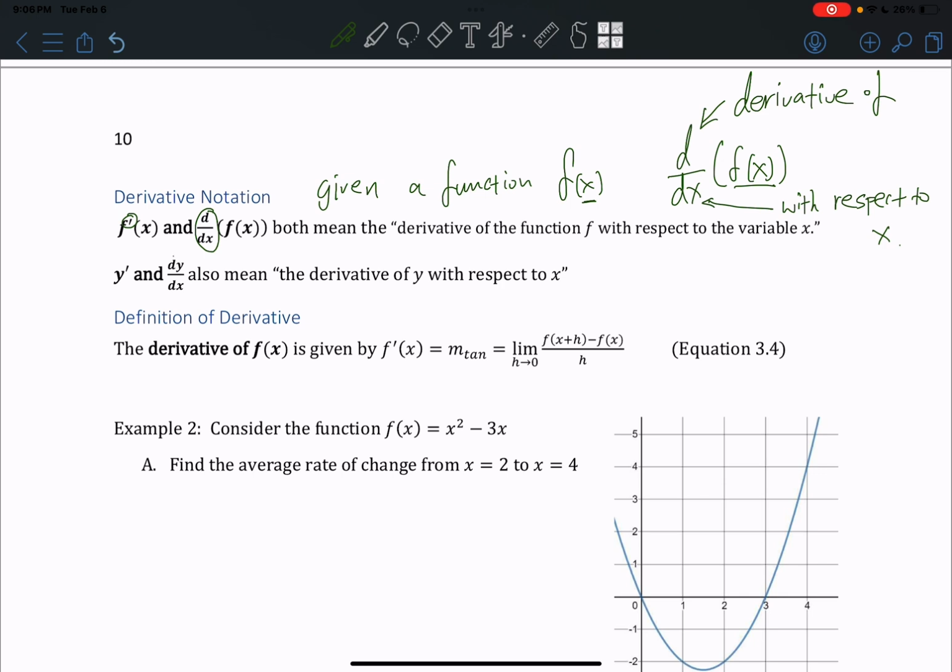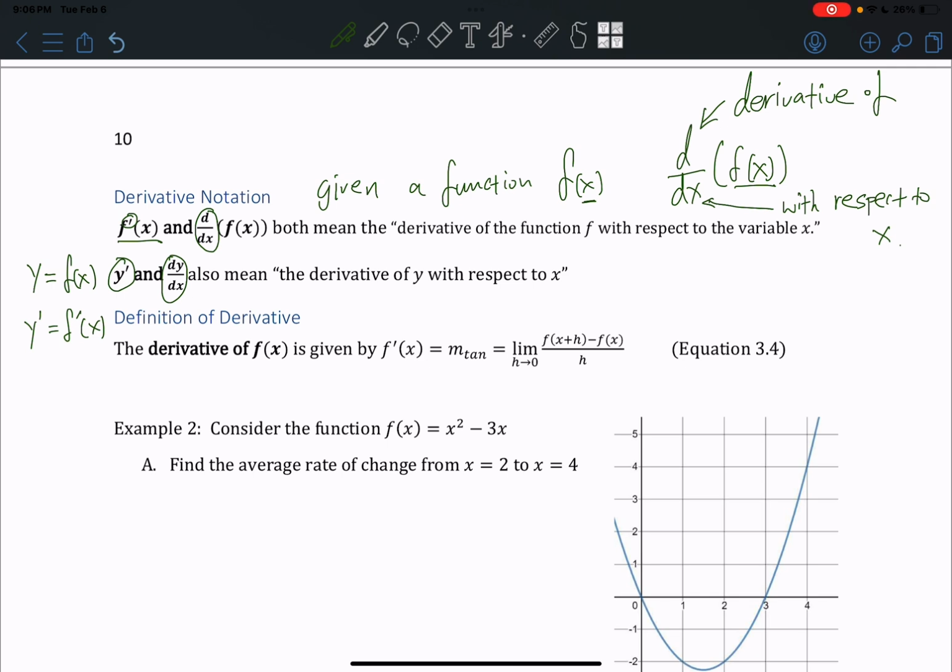And then in this case, we can say also dy dx, if we recognize the variable y is equal to the function f of x. Last notation is just y prime. Again, if y is equal to f of x, then the derivative on the right hand side means f prime of x. So it makes sense on the left also to put a prime, to indicate the same idea.